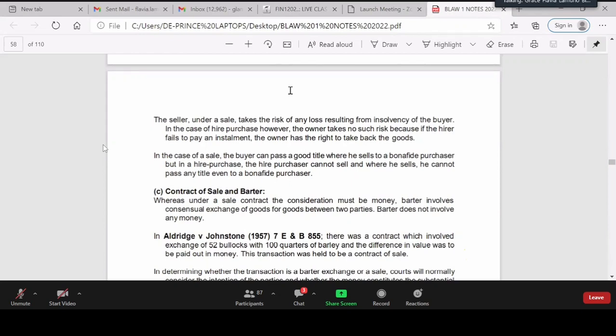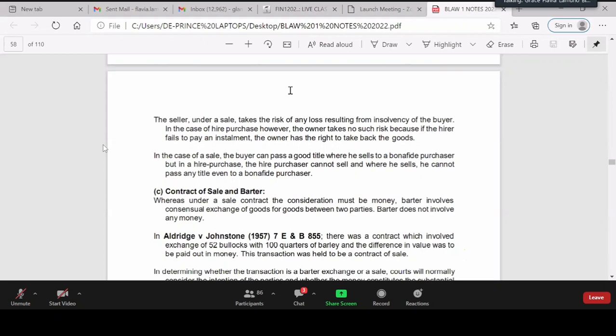You, the buyer who bought the laptop under hire purchase, cannot transfer a good title because you do not have ownership yet, because you still have 7 installments to pay before you become the owner. So as long as you're still a hirer, as long as you're still a bailee, as long as you are not yet the owner, you cannot transfer a good title because you don't have ownership. You're merely a buyer in possession. So you cannot transfer a good title.